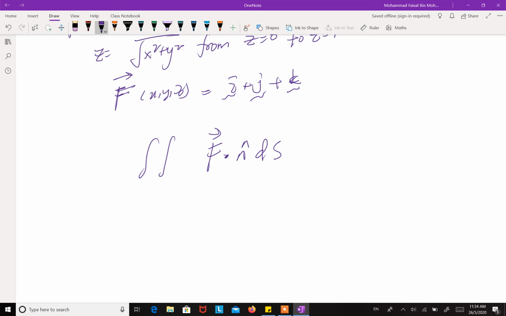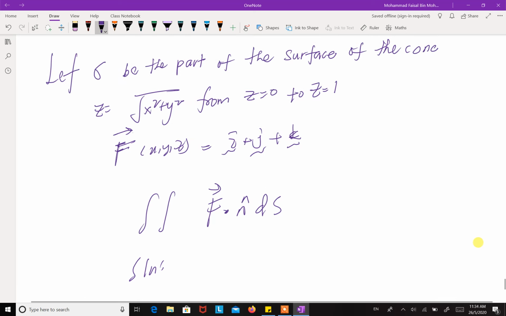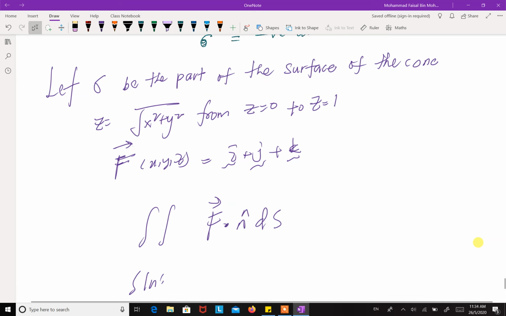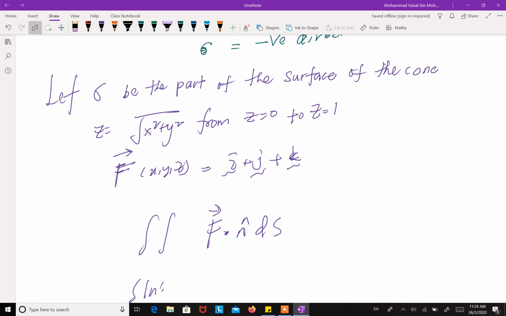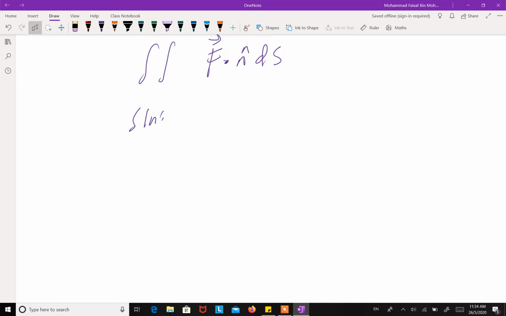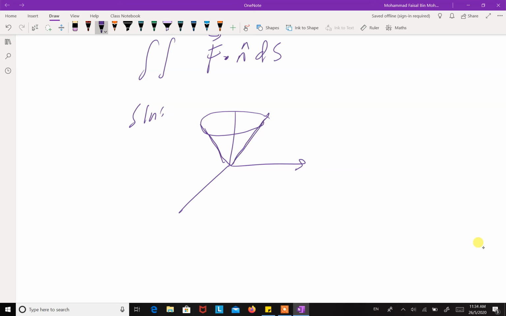So straight away, first you have to sketch. Okay, solution, you have to sketch. We know that z is equal to the positive square root, which means you have a cone that is pointing upward on the z-axis, and then now we have to determine the n. So what do we have? We try to draw first. So we have a cone.